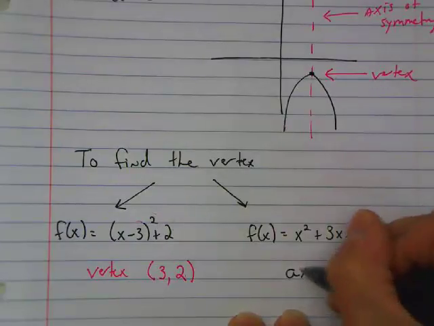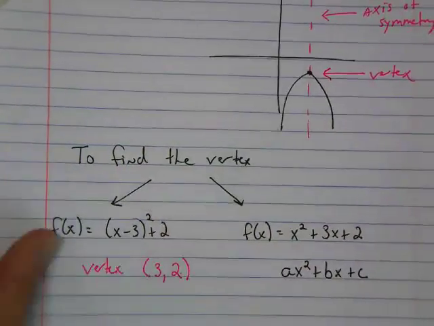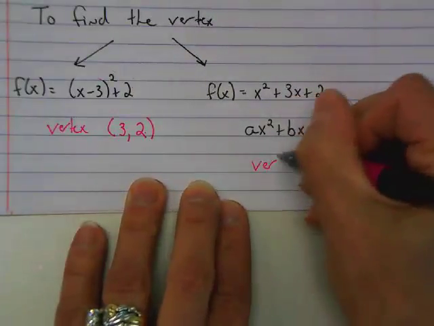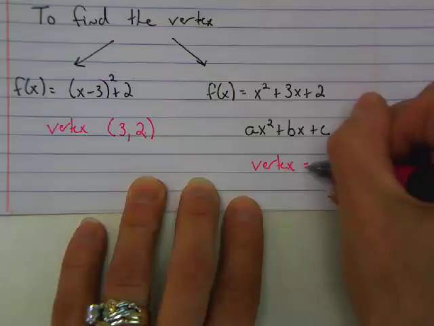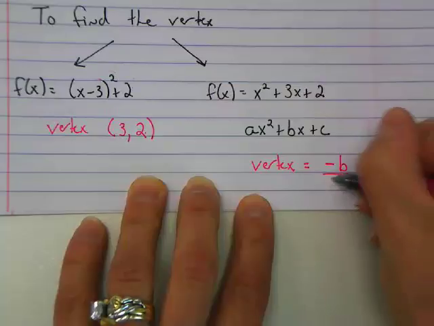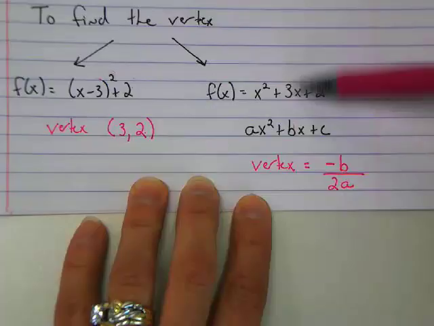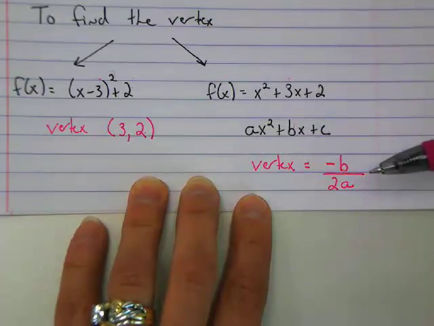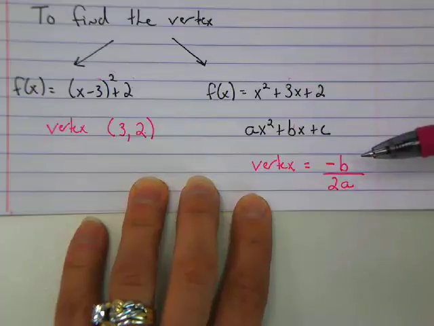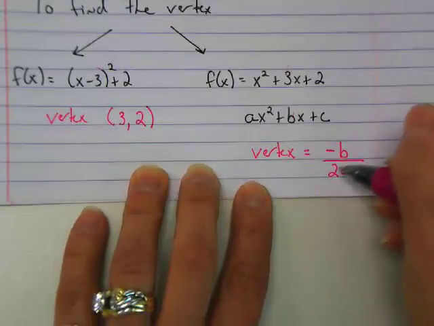If the general form is ax squared plus bx plus c, then to find the vertex, I'm going to take the opposite of b over 2 times a. So b would be your middle term, and a would be your coefficient of your first term. So that would give you the x value.